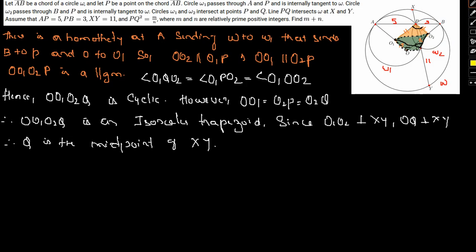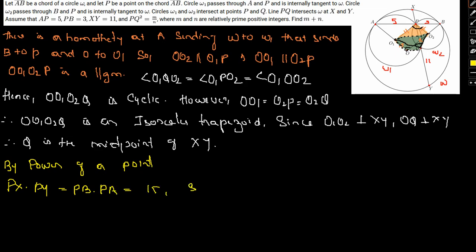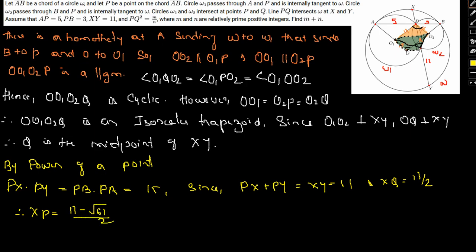Having said that, now by power of a point, we have PX times PY equal to PB times PA, which is 15. Also, since PX plus PY equals XY equals 11, and XQ, since Q is the midpoint, is 11 by 2, we can determine XP as 11 minus root 61 by 2.